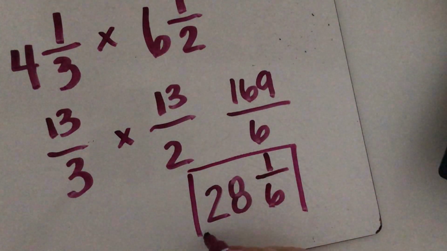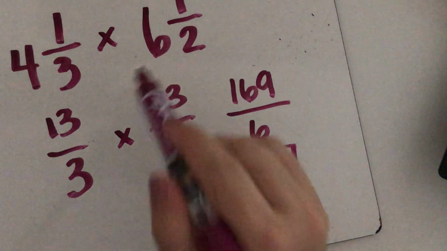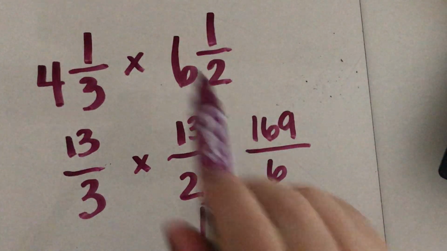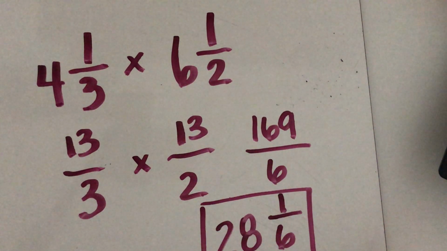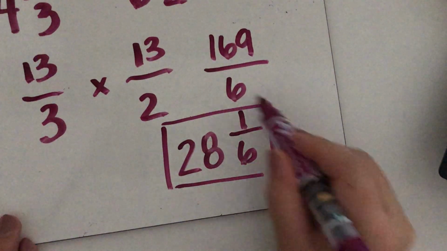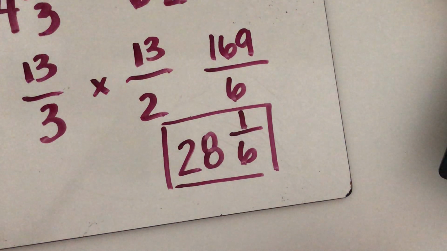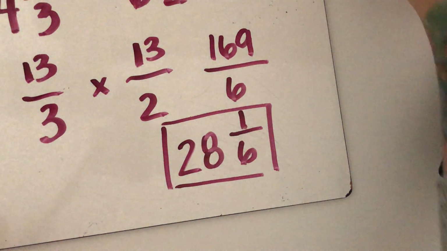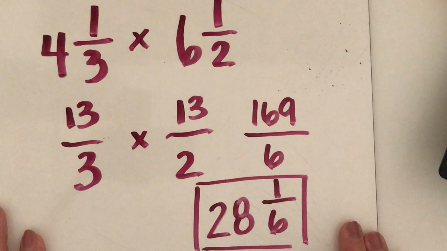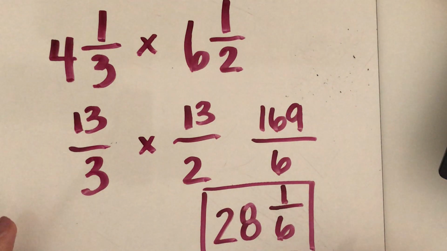So looking at that, those 6.5 pieces that are each 4 1/3 feet long are going to give me 28 1/6 feet of fencing.